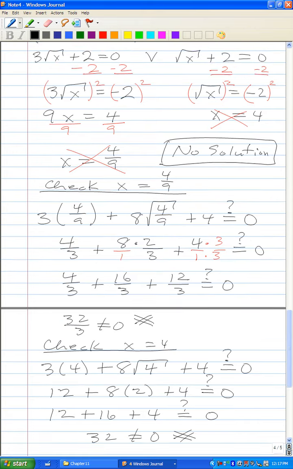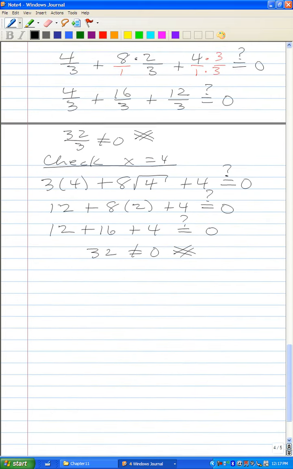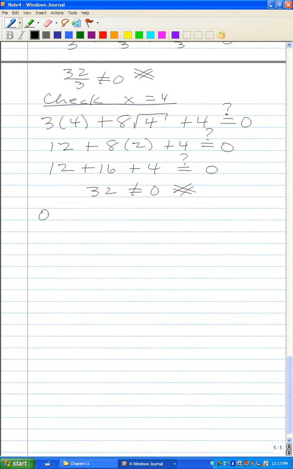And so, let's do this. So note, actually, I have here 3x plus 8 radical x plus 4 equals 0.